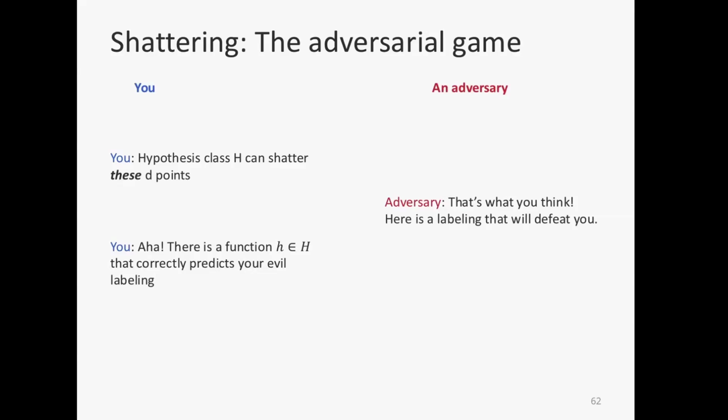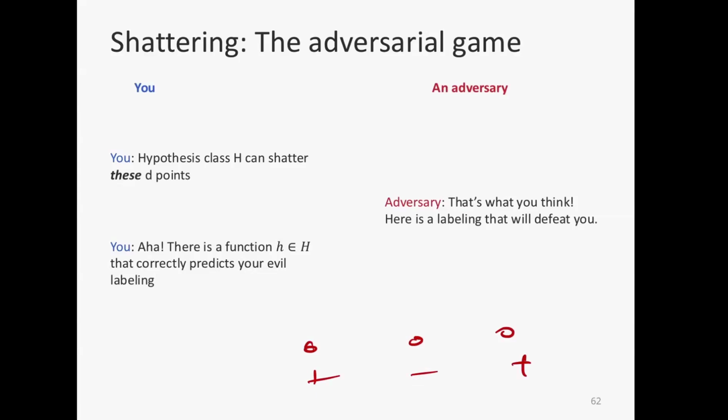When you were trying to show that 3 points cannot be shattered by a hyperplane or by a line, that 3 points that are collinear cannot be shattered, you tried to come up with a bad example, a bad labeling. You did not consider this labeling because you knew that would work. You were playing the role of the adversary. You picked this assignment to the labels because that's not going to work.